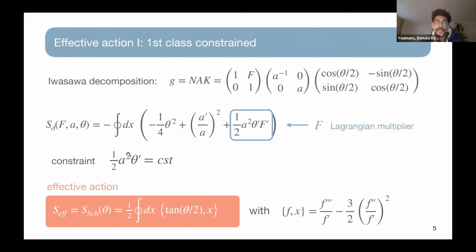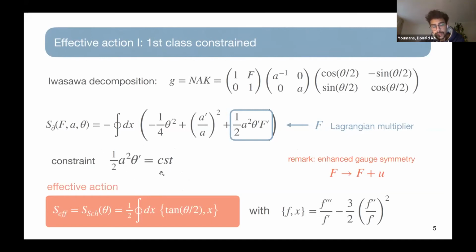So basically here we always solve for A and just substitute back into the action. I just want to make one remark. We can either see F as a Lagrangian multiplier and integrate it out in the path integral, or we can try to enforce this constraint because we know it gives us what we want from the start.